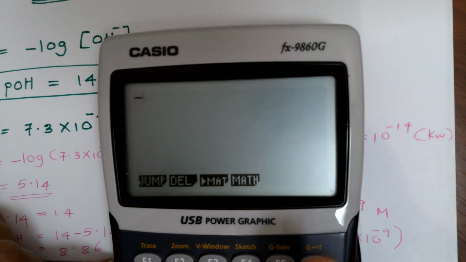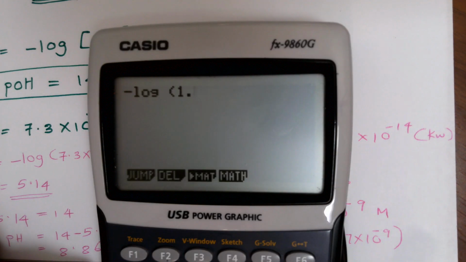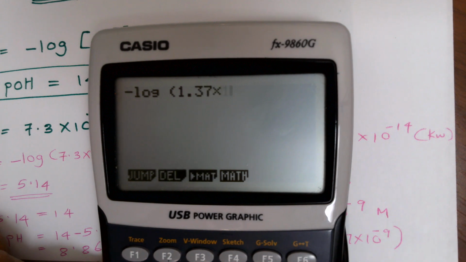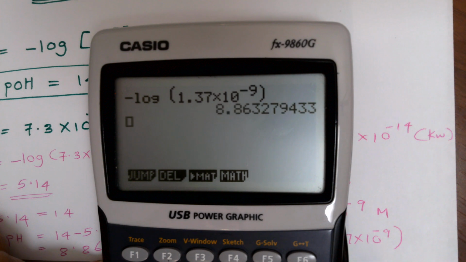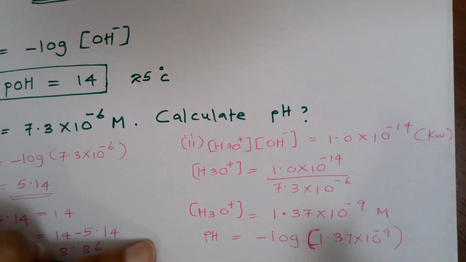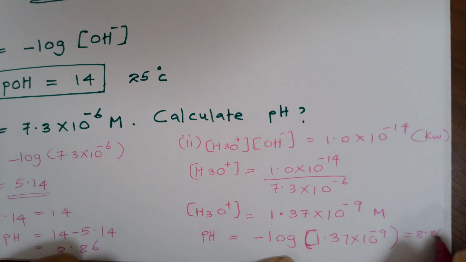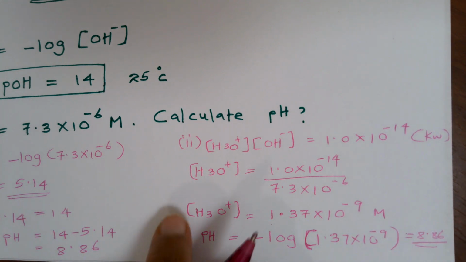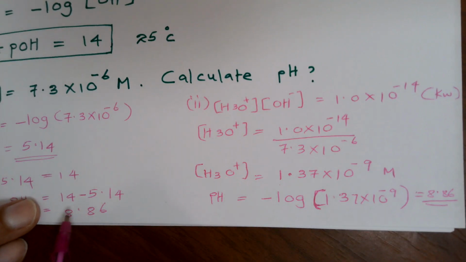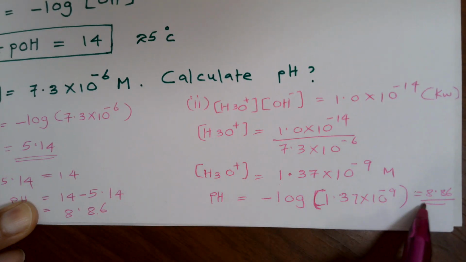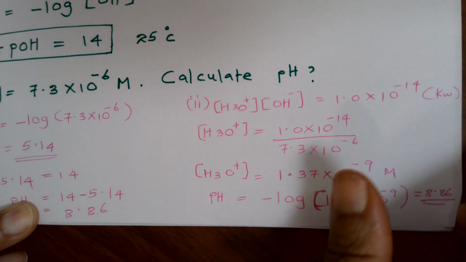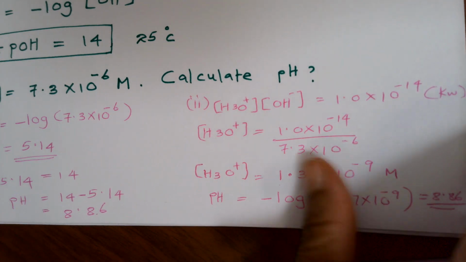So negative log of 1.37 times 10 to the power negative 9 is 8.86. So our pH is 8.86. You can see in both methods we get 8.86. In both ways we get the same answer.